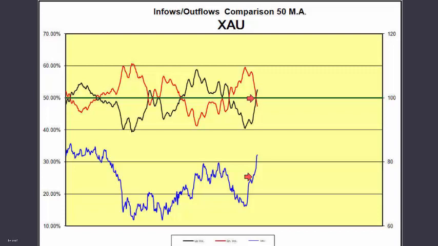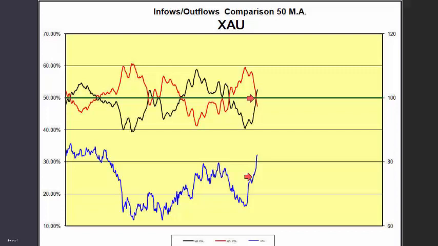Now, to understand how this can be helpful, I would like to discuss, and we have mentioned this before, but for the benefit of our listeners, I'll mention it again, what this indicator is designed to do and what it is not designed to do. Let me start with what it is not designed to do.